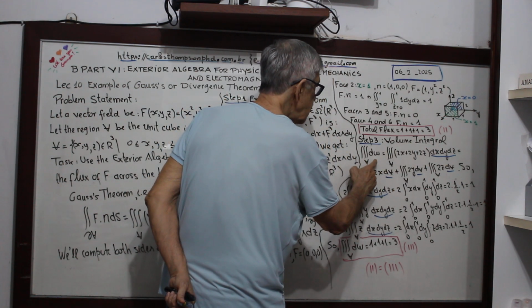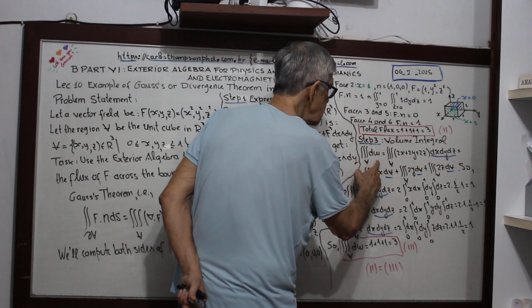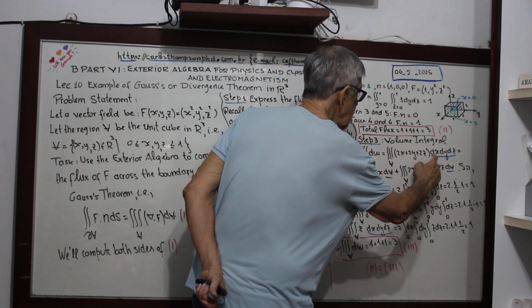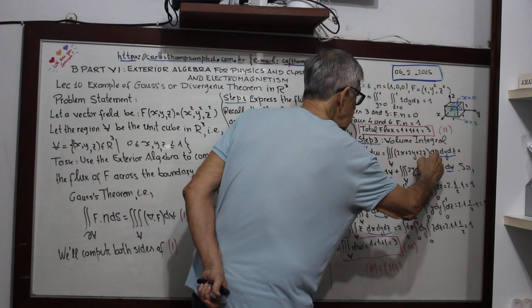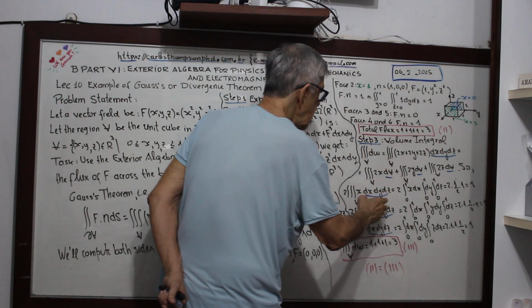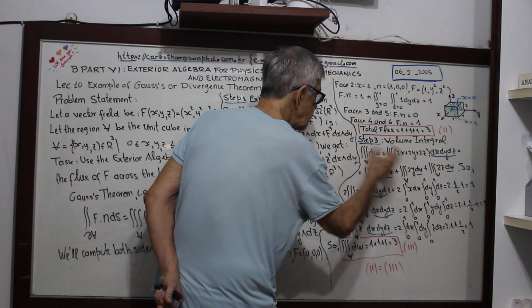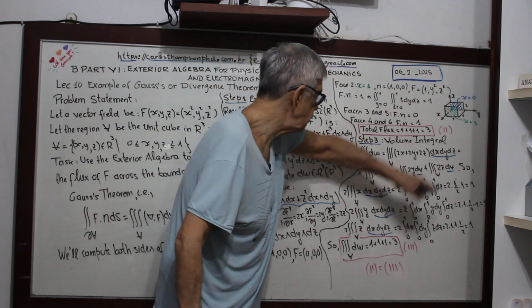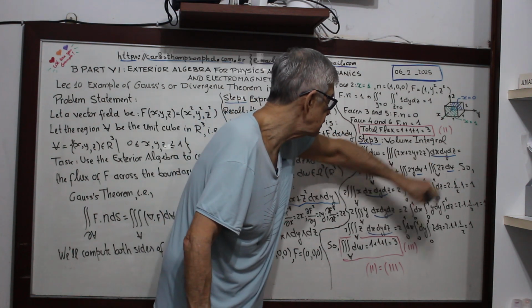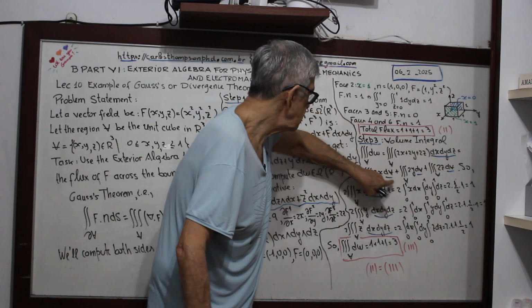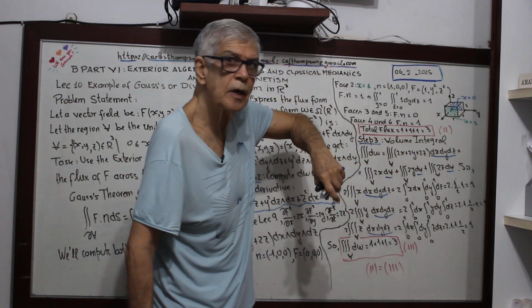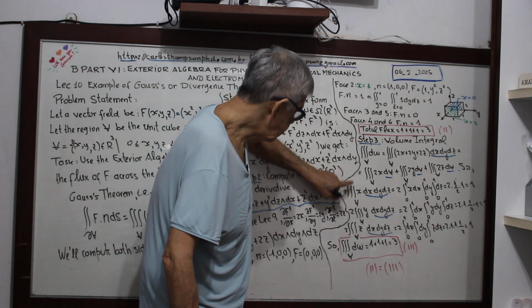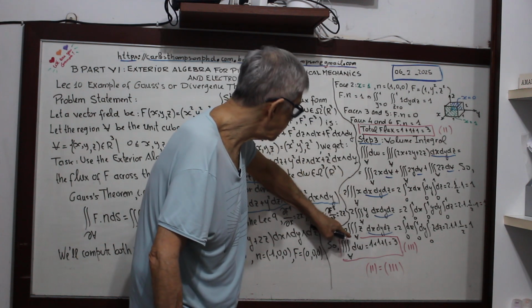I just substitute here: the integral of d omega is equal to the integral of (2x + 2y + 2z) dx dy dz, where dx dy dz is the volume element dV. Now I expand these three terms, and it's clear that I'll show the three integrals.